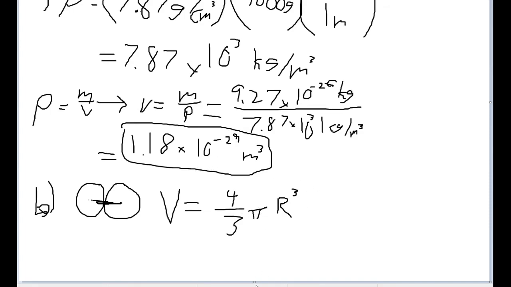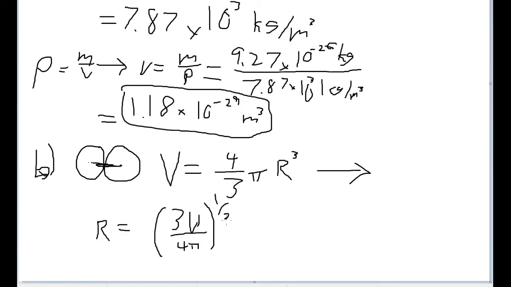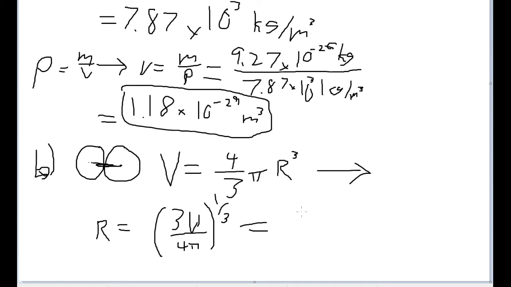So if we use some basic algebra to solve for radius in terms of volume, the formula we get is that the radius is equal to 3 times the volume divided by 4 times pi, all to the power of 1 over 3. Plugging in our volume value from the previous part, the answer that we get for the radius is 1.41 times 10 to the power of negative 10 meters.